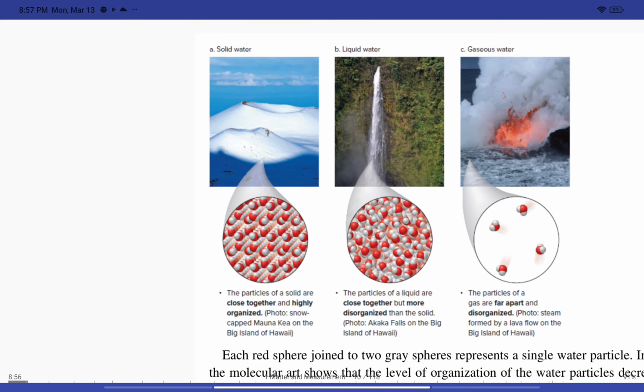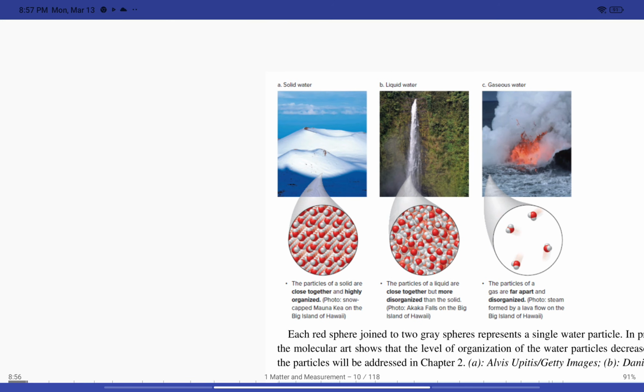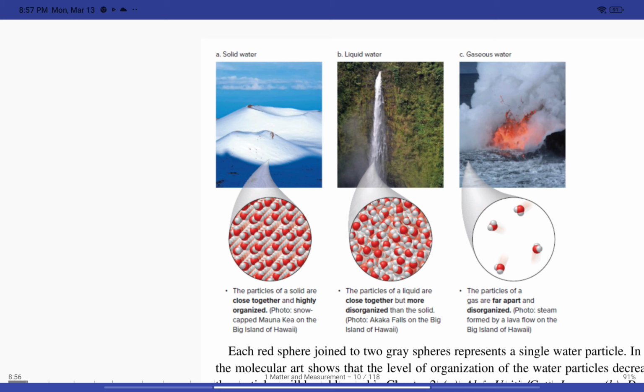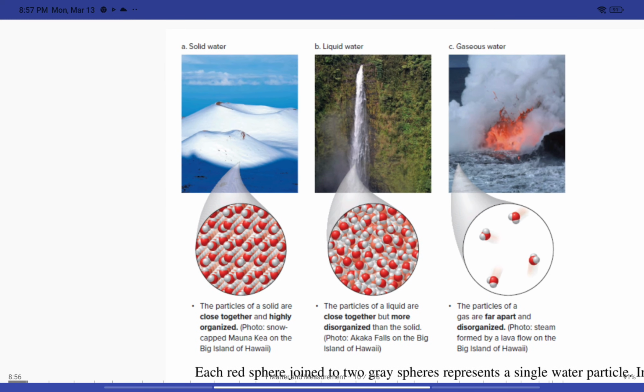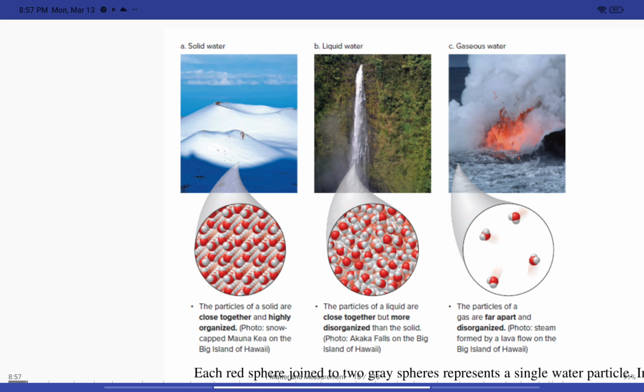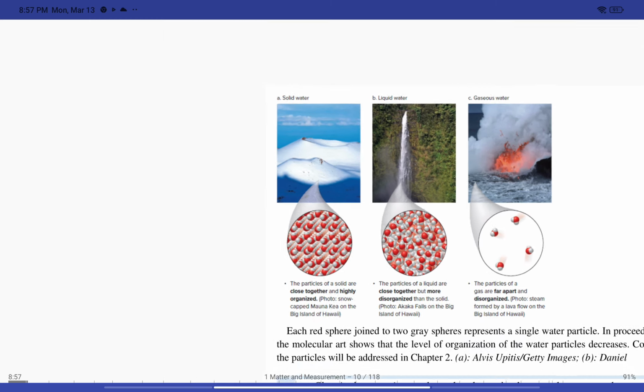And the third photo, on my right side, is the gaseous water. The particles of the gas are far apart and disorganized. This is the photo of steam formed by lava flow on the Big Island of Hawaii.